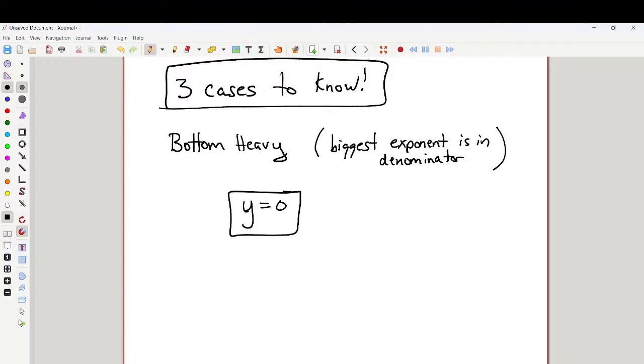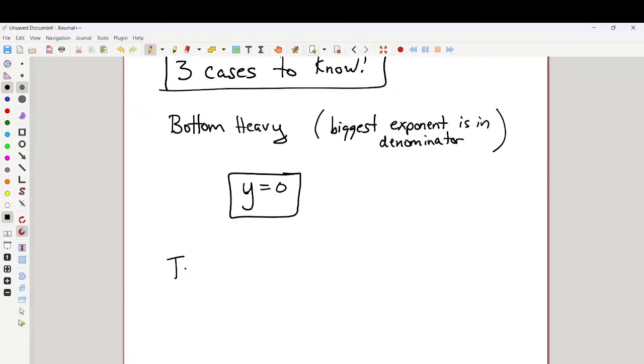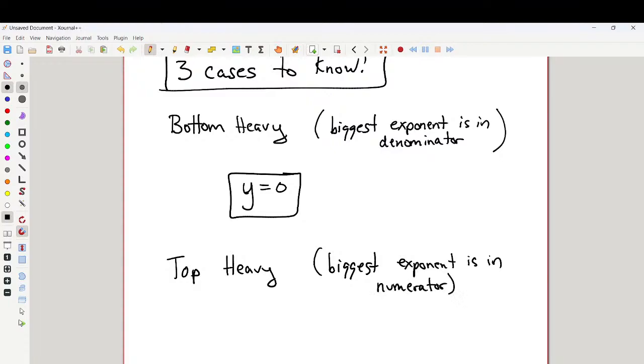It'll be one of the first things you explore. Top heavy. Then there is no horizontal asymptote. Literally none.